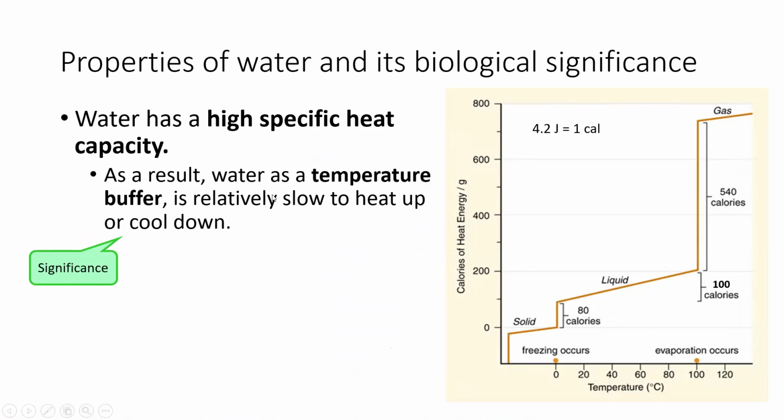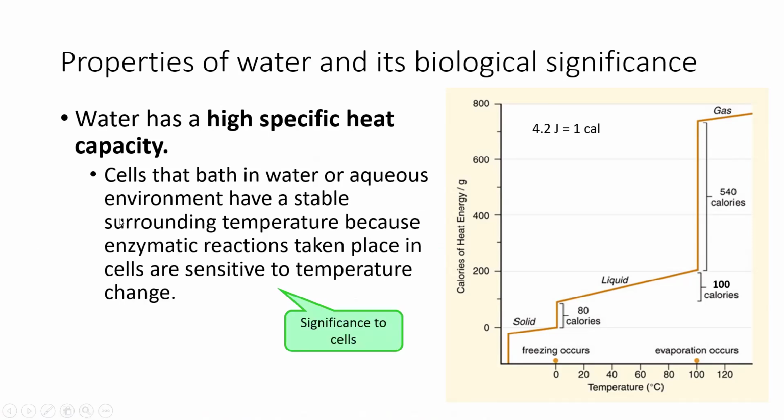So as a result, water acts as a temperature buffer, which is relatively slow to heat up or cool down. Temperature buffer means it can help to regulate the temperature within the cell, the surroundings, or the ecosystem.